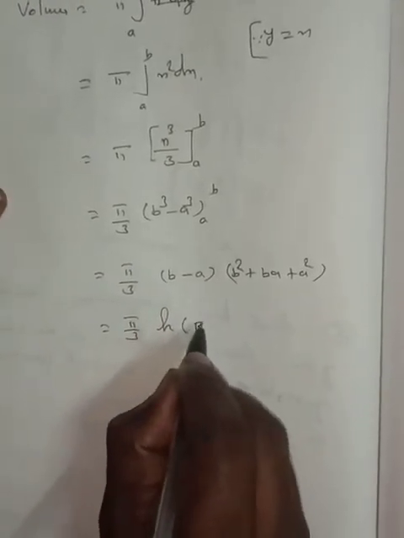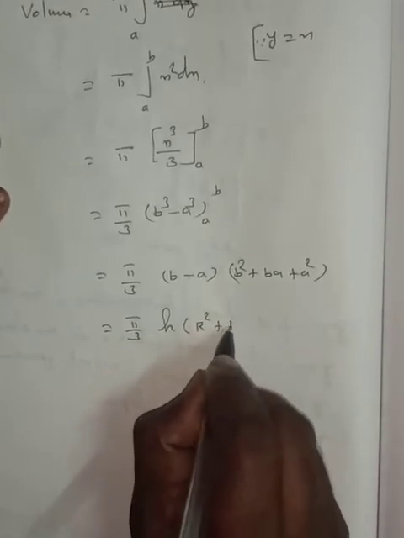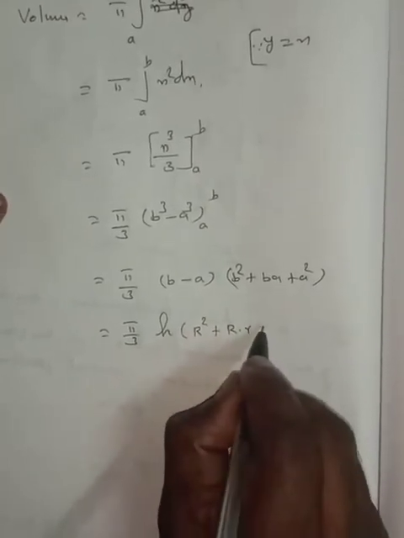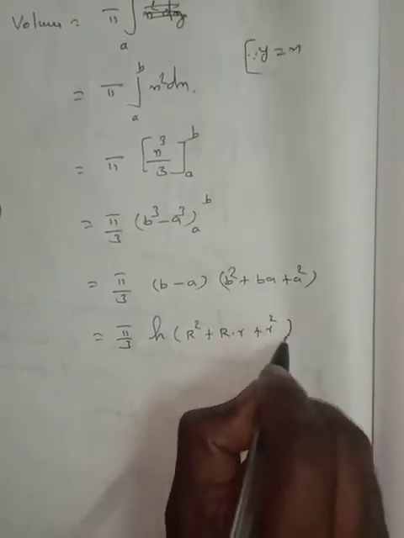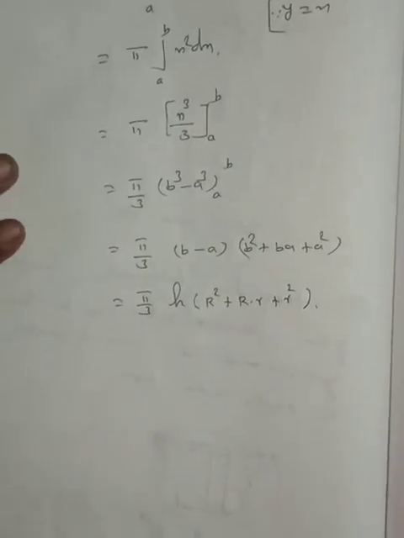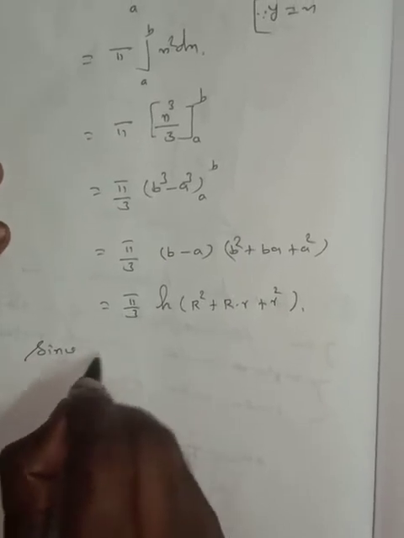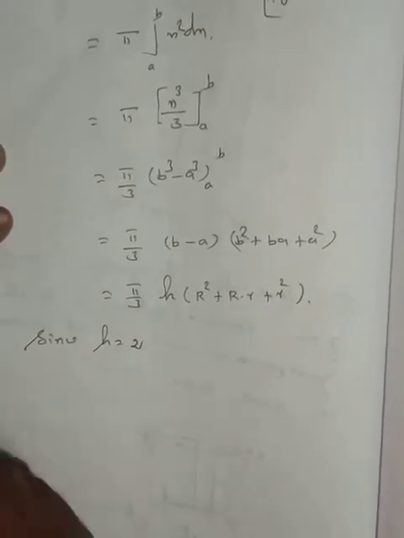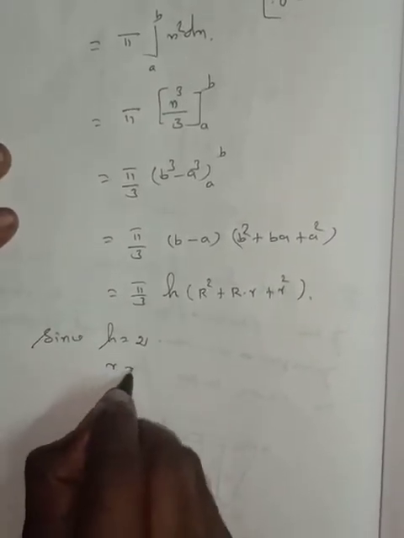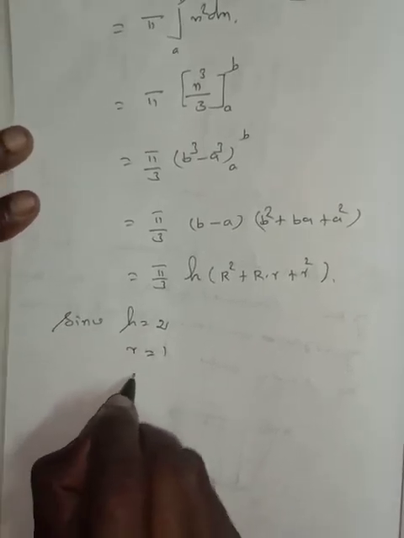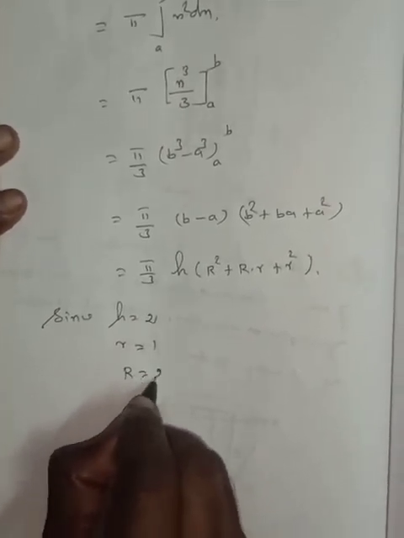Therefore capital R square plus R into small r plus small r square, from the diagram. Now H is equal to 2, since H is equal to radius. Small radius is 1, big radius is 2.